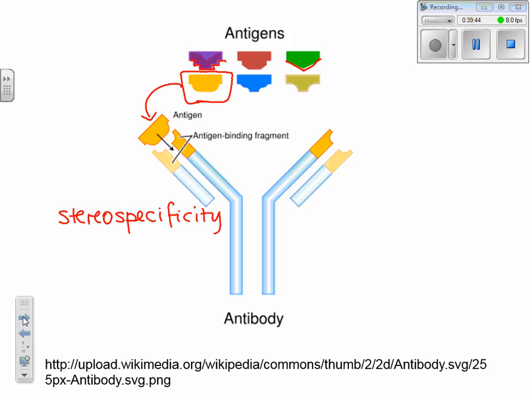The size of the response can vary between people, particularly if you've already had an infection and you're left with memory cells. Some people's memory cells are more effective than others as well. So that's how our antibodies work.